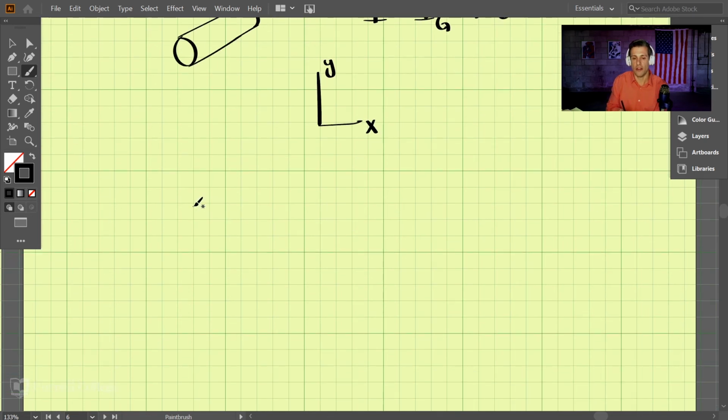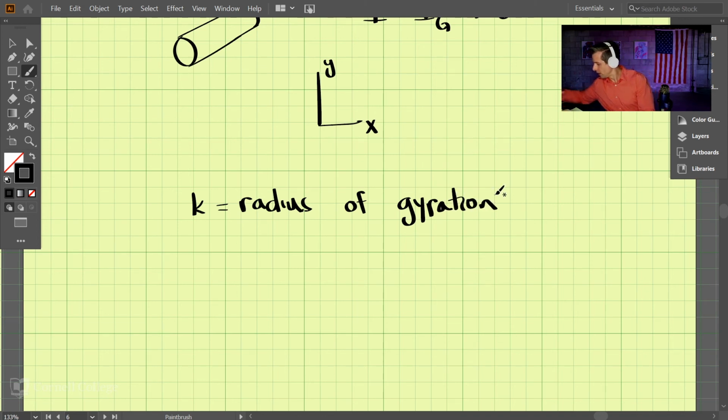Another term we use is the radius of gyration. Did I spell that right? Yeah, okay, and we use the value k, and it has a unit of length here.